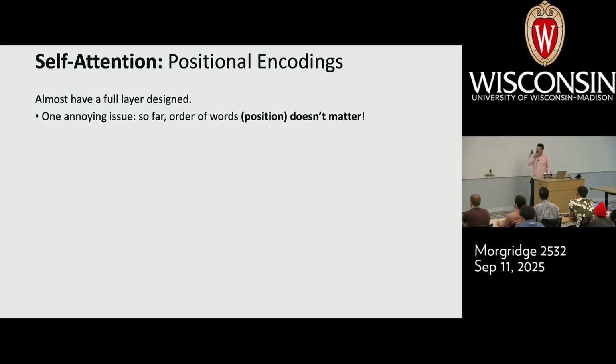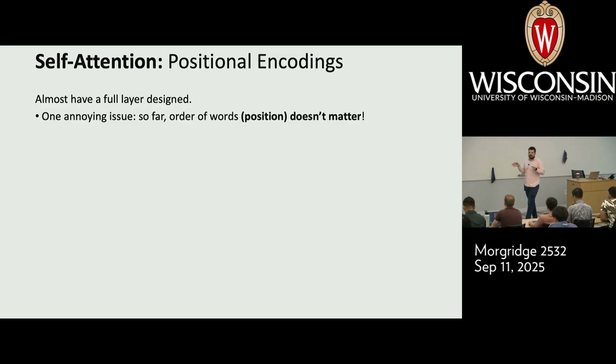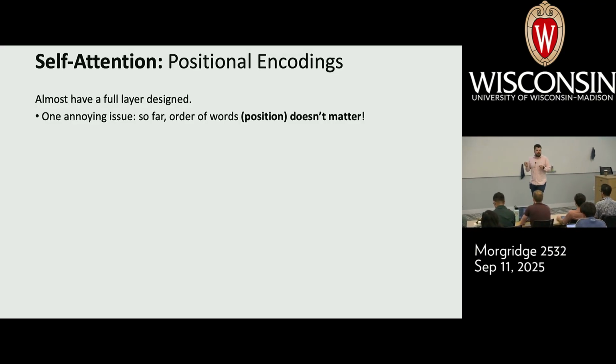OK, we're going to try to create some information about position. And one simple thing to do is maybe I could just go ahead and add it into my word embeddings. Now, the simplest thing you could think of probably is to say, hey, let's concatenate position information with our word embeddings.